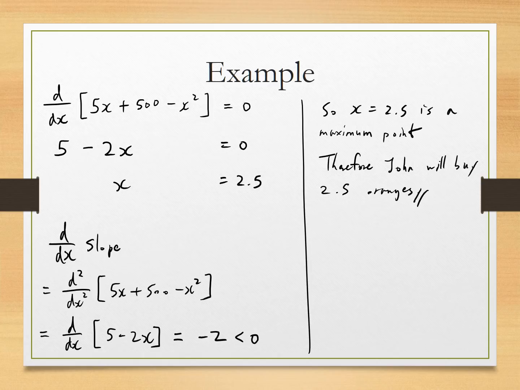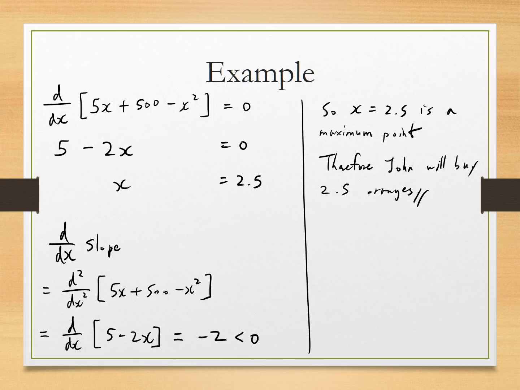The process that we go through involves 2 steps, right? It involves first taking the derivative of the utility function in order to figure out how many units to buy, and then you take the derivative again to figure out whether the quantities that you have found actually represent a maximum or not.